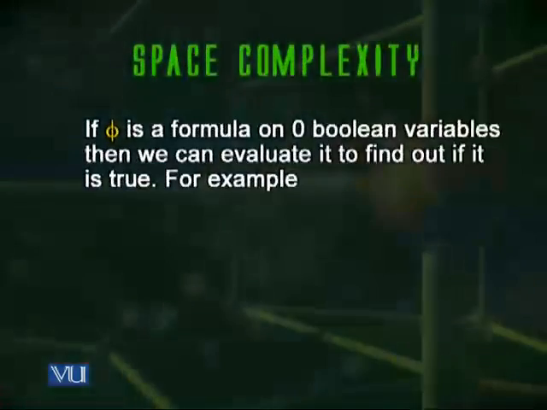How would we design such an algorithm? Well, such an algorithm is almost obvious once we formally define what it means for a fully quantified Boolean formula to be true. If phi is a formula on 0 Boolean variables, then we can simply evaluate it to find out whether it is true or not.